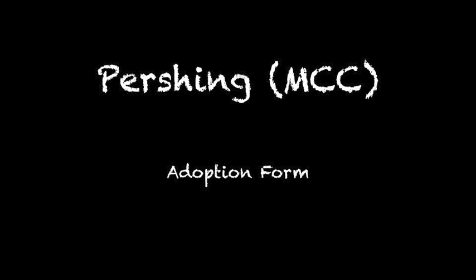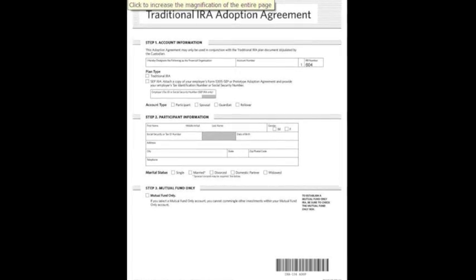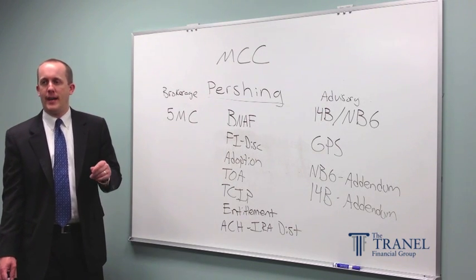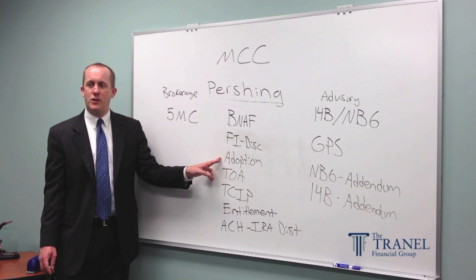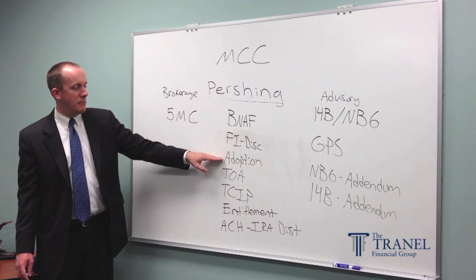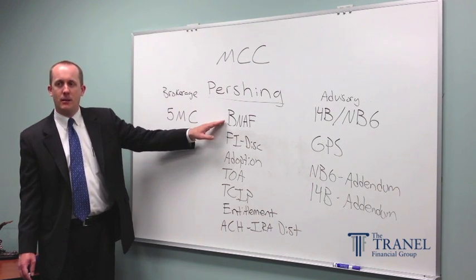The adoption agreement is needed when you're going to open the account up as a Roth IRA, traditional IRA, SEP, simple, etc. It's also how you attach beneficiaries to the Pershing account. So the BNAF opens the account. The adoption agreement is what you need if you want that account to be structured as some sort of IRA.